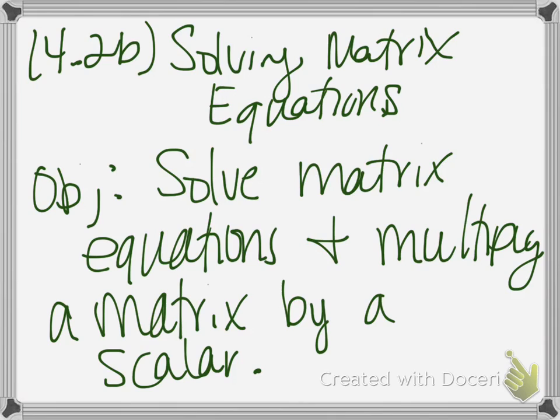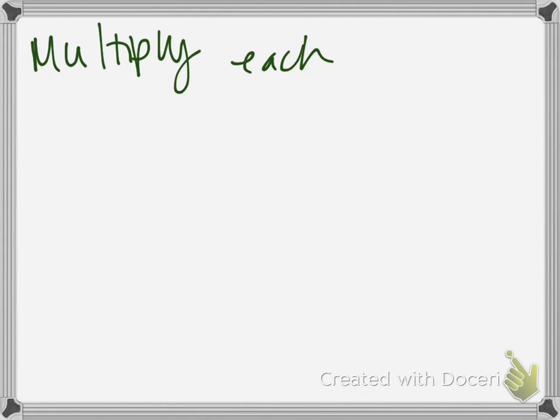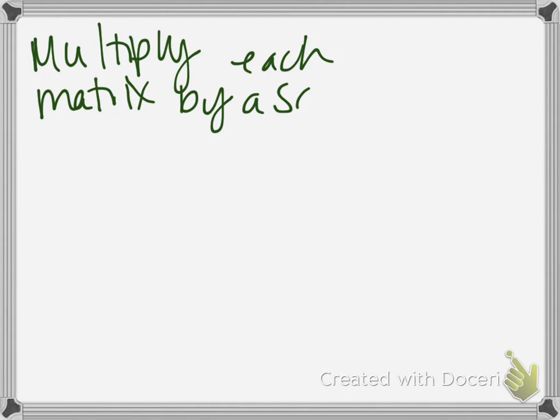We're actually going to start by multiplying a matrix by a scalar, and then we will utilize those skills to solve a matrix equation. Again, matrices are almost like a breath of fresh air because they are a lot simpler. Let's look at this first set of directions, which is to multiply each matrix by a scalar.